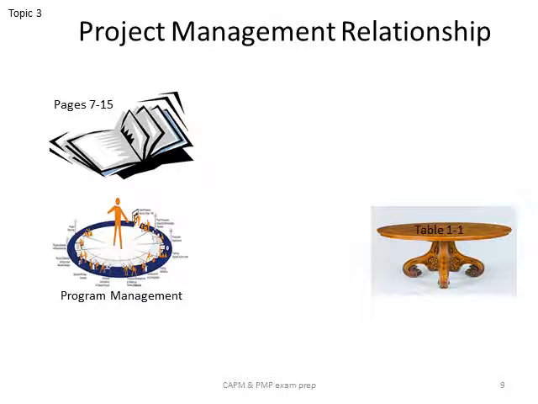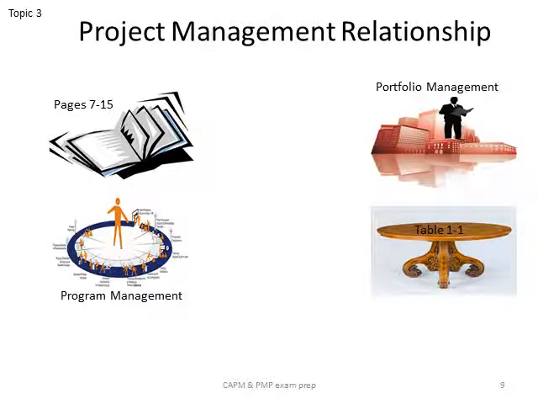Program management is defined as a group of related projects, subprograms, and program activities managed in a coordinated way to maximize the benefits. Portfolio management is defined as the way that projects, programs, sub-portfolios, and operations management are managed as a group to achieve strategic objectives for an organization.